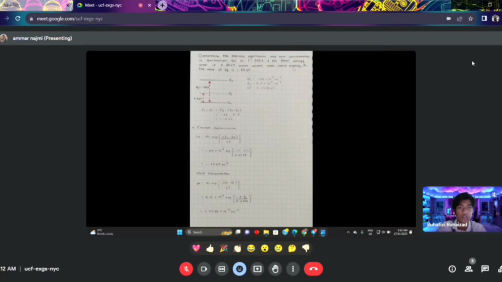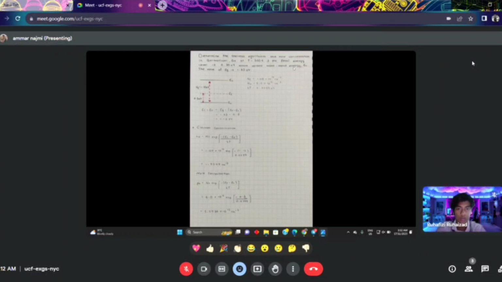So for this question, for germanium, Nc is equal to 1.04 times 10 to the power of 19 cm^-3, and Nv is equal to 6.0 times 10 to the power of 18 cm^-3, while kT is equal to 0.0259.